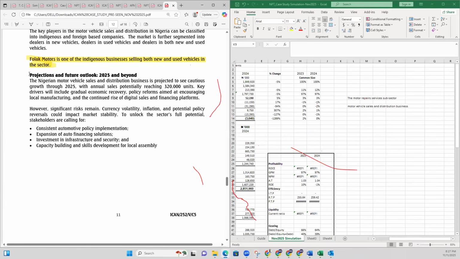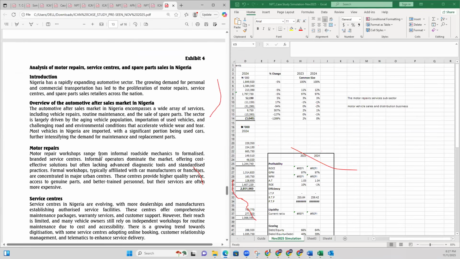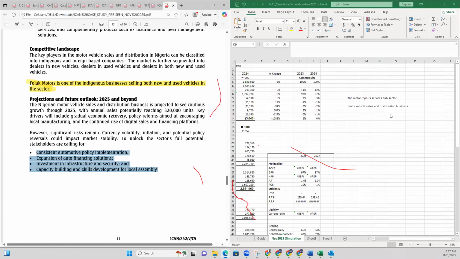And then they've also presented the outlook here and what transformation the stakeholders are expecting in the sector. And that's it really. So one thing you need to take note of is that we've gone through that level of detail for two different subsectors now: the motor repair service sector, and then the motor vehicle sale and distribution subsector. Are we together?